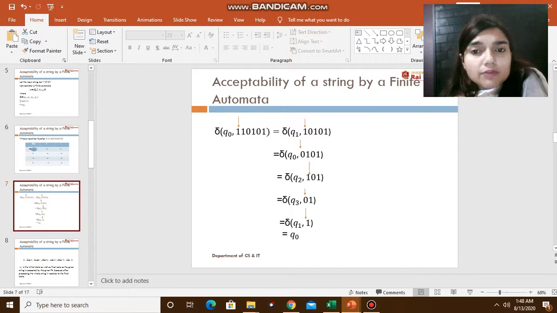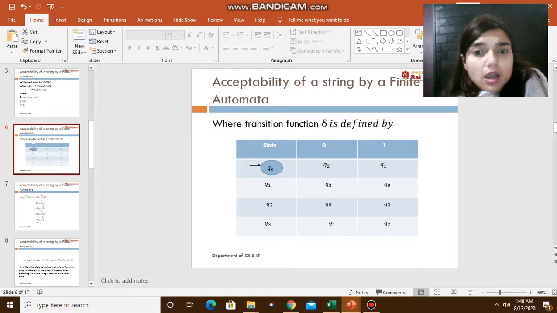That's why I have written q1 here. Okay. After q0 I change it to q1. Now we will process the second symbol of the string, that is again 1, and on giving 1 to q1 we reach q0.